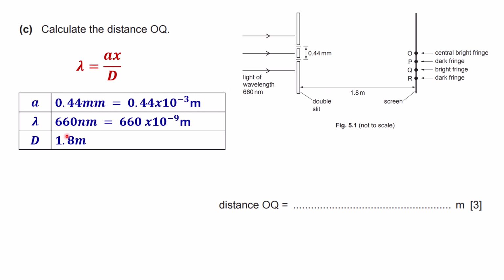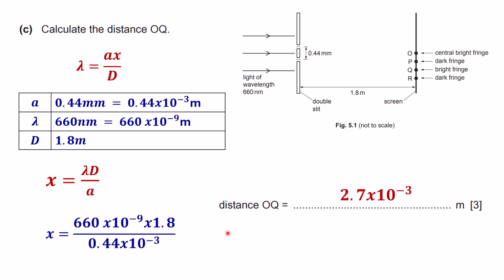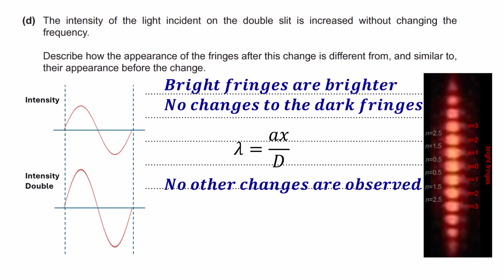So what do we have? We have A, we have the wavelength, and we have D. So doing the substitutions, and I like first to rearrange the formula in terms of the variable that I'm looking for, the distance is 2.7 times 10 to the minus 3.